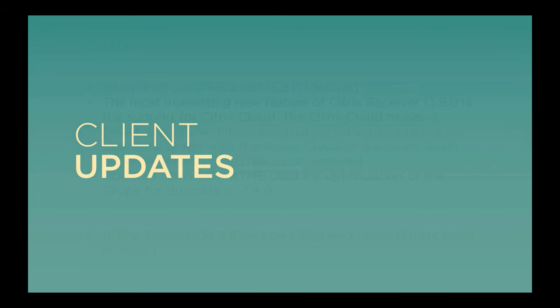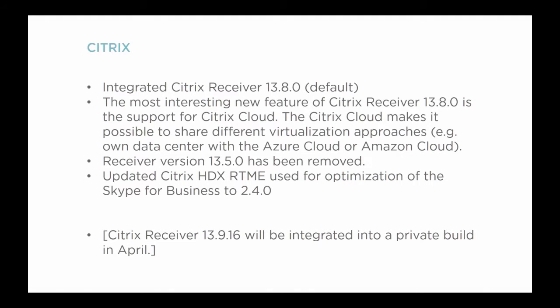So now the most production critical software, of course, on a thin client is the software that you need to connect to your server systems, to your VDIs. And the default Citrix Receiver is now 13.8.0.